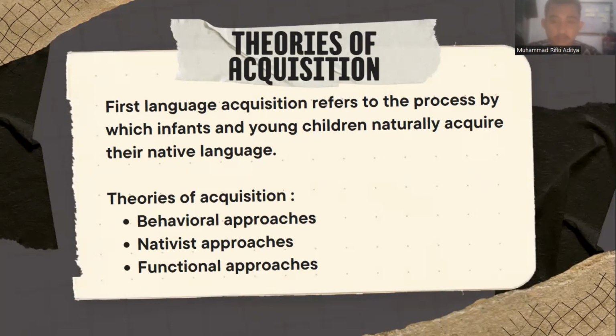The first challenge for the behavioral approach is the lack of empirical evidence. Critics argue that there is insufficient empirical evidence to support the idea that children learn language solely through imitation and reinforcement.